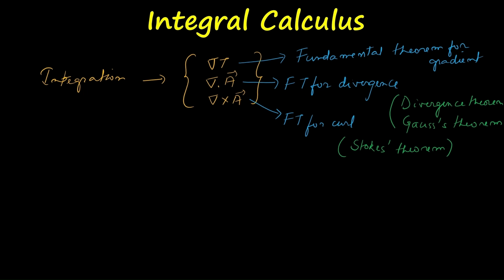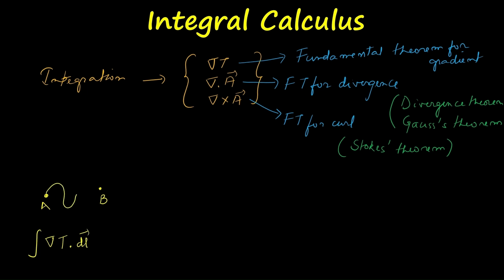Now these three theorems have a very interesting property, and before we discuss in detail, I would like to mention the property here. Let's say we have 2 points A and B, and we want to perform the integration of the gradient of a scalar function along a particular path.